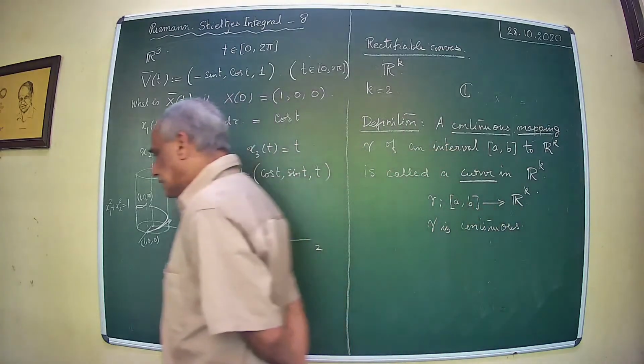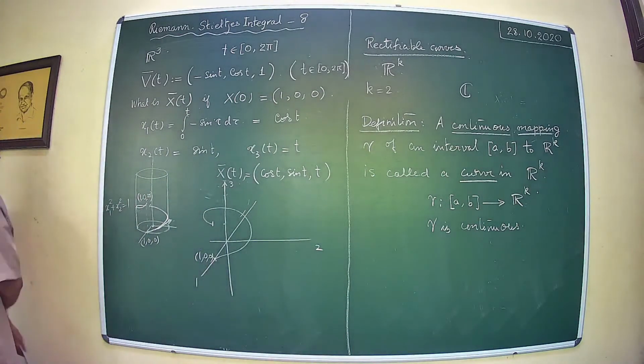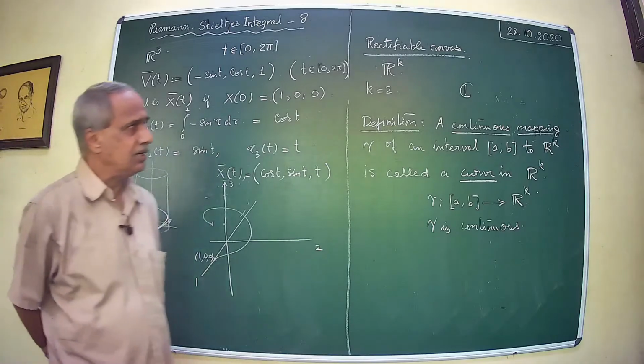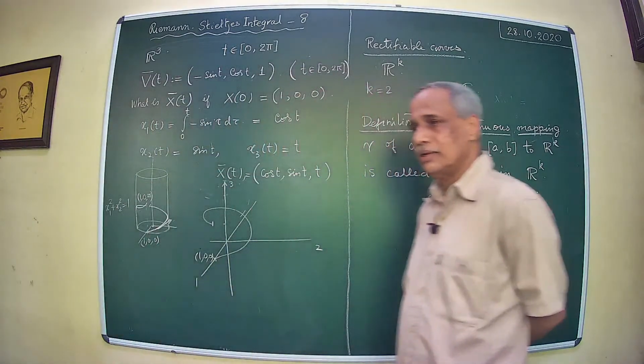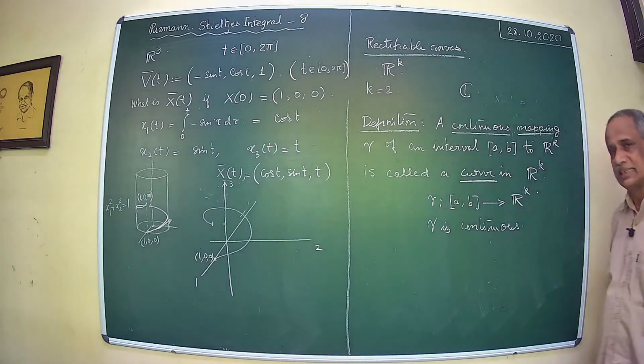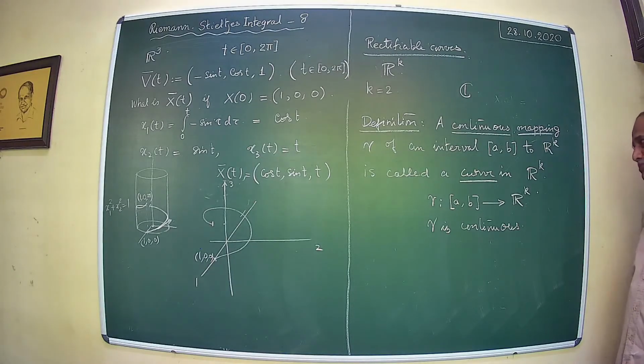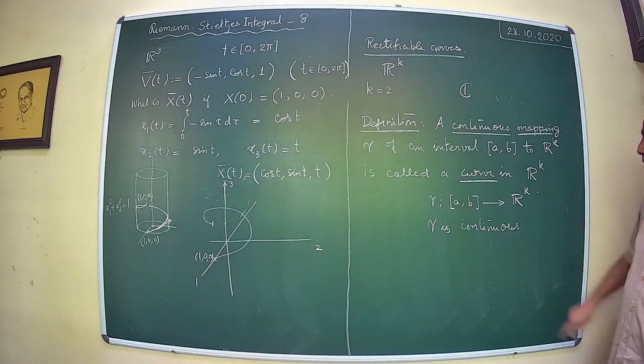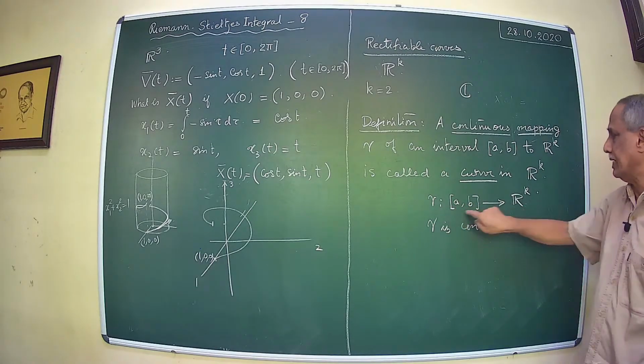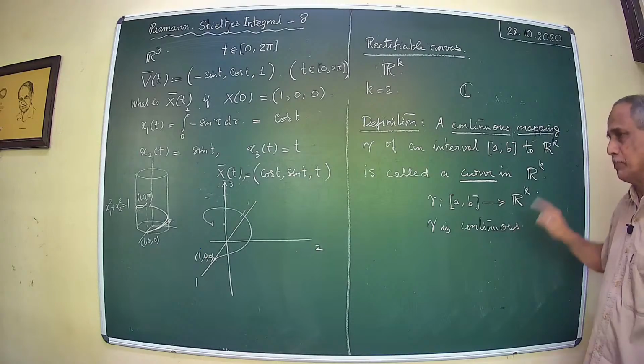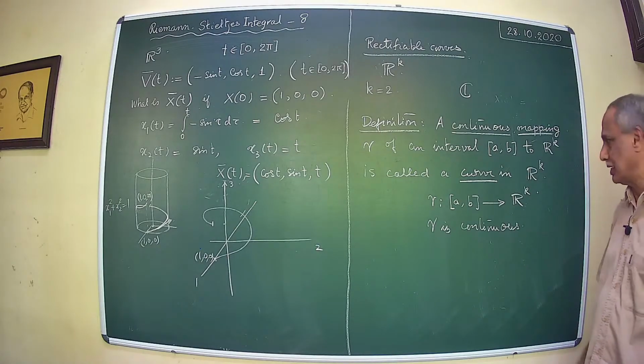Now the image is essentially a set of points in R^k, but we are not looking at the curve as just a set of points. It's more than that. Because when you have the map gamma from an interval to R^k, it is not merely the image points that you are talking about.